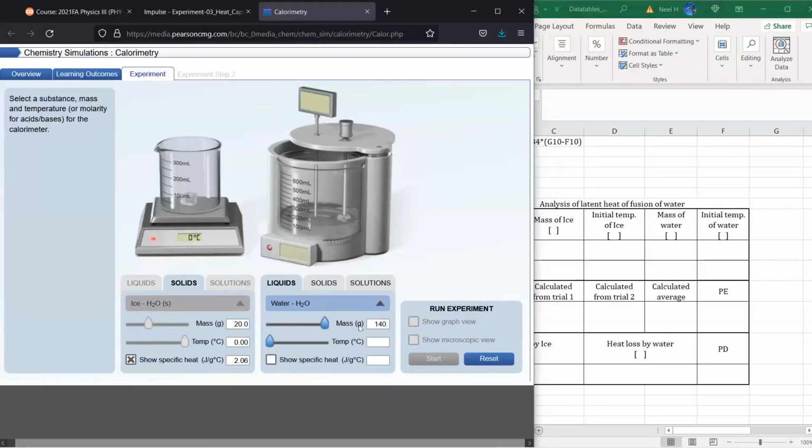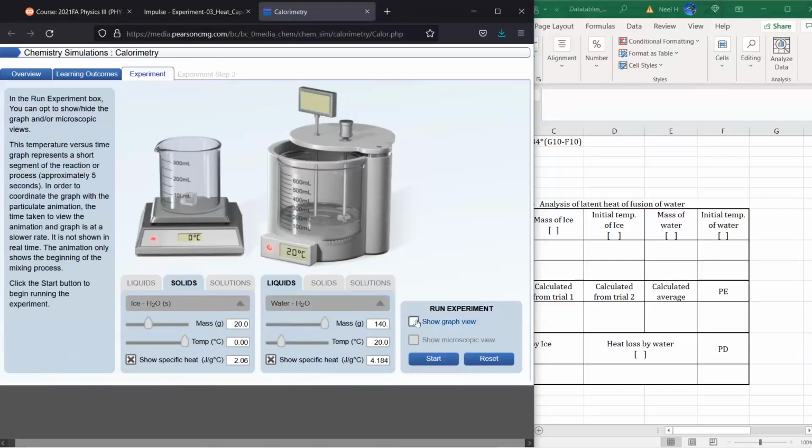We'll use maybe like 20, that should be good enough. Usually we'll use less than that. That allows 140. Temperature we can start at room temperature, something like 20 degrees C, and the water specific heat, and then we can view the graph and then start the experiment.